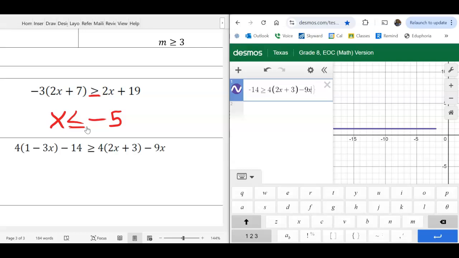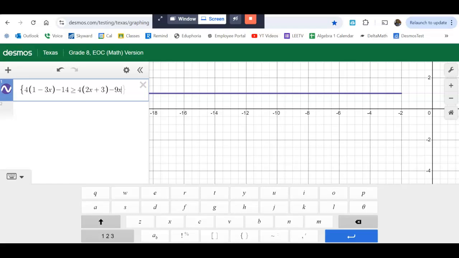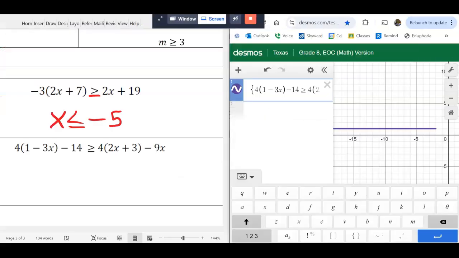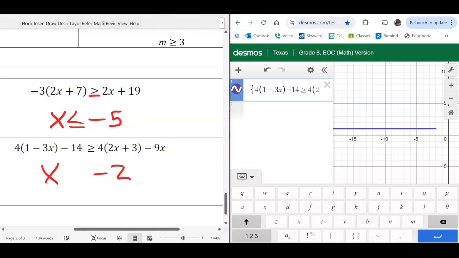Now, I can kind of see it from here. It looks like it's above the second over, but yours should be expanded looking like this. But the end point is -2, and it goes to the left. So if it's at -2 and it goes to the left, we're going to put x, -2, to the left is less than, and since this is underlined, this will be underlined. Okay?